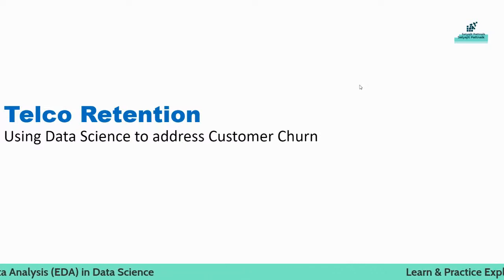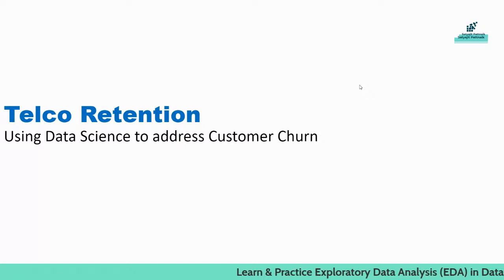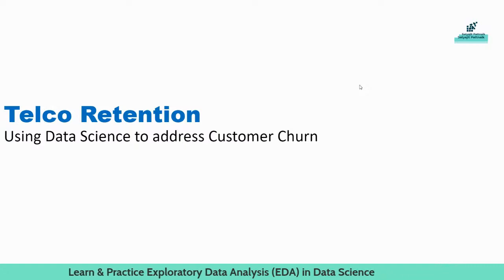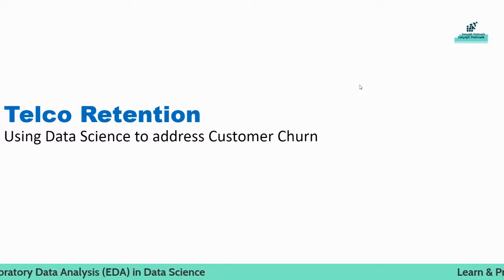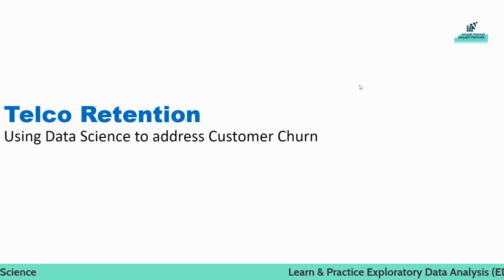If we understand that, we can talk to the sales team, give them some offers and try to retain them, because for a company, retaining a customer is less expensive than getting a new one.